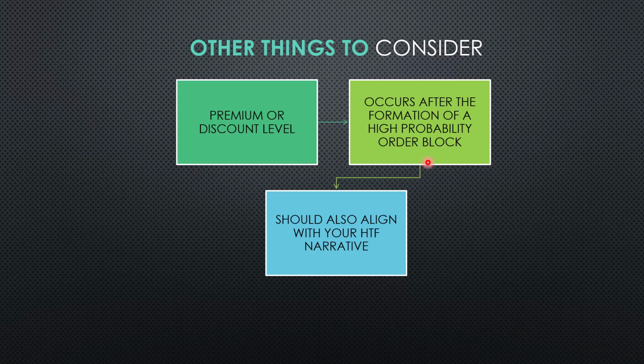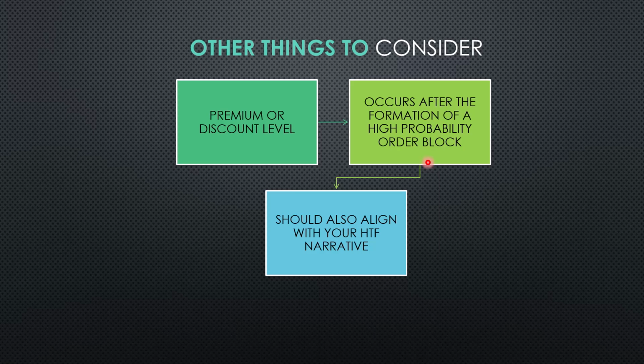At this point, let's cast our mind back to my previous video on high probability order blocks. In that particular video, I made mention of the fact that these high probability order blocks are areas where the market makers execute their positions. And when these positions are executed, you realize that there is injection of volatility into the market.